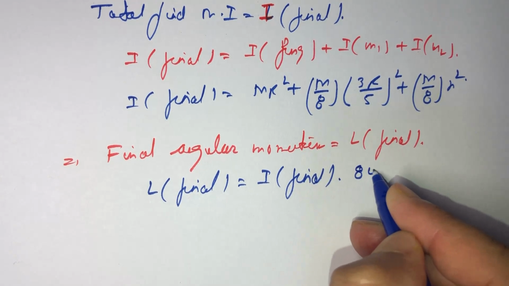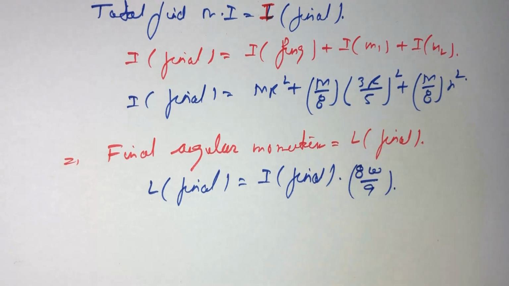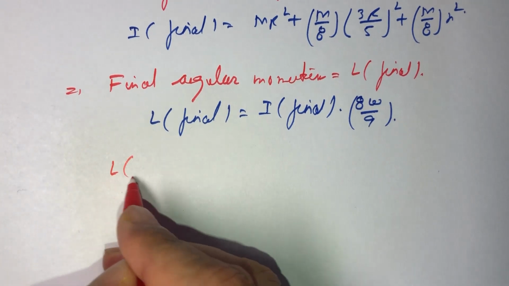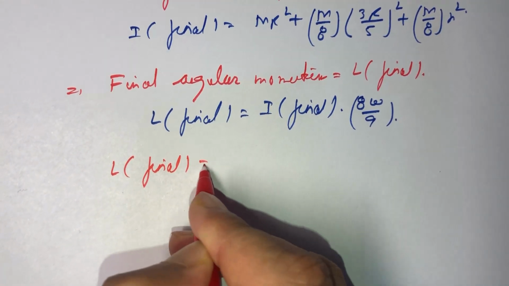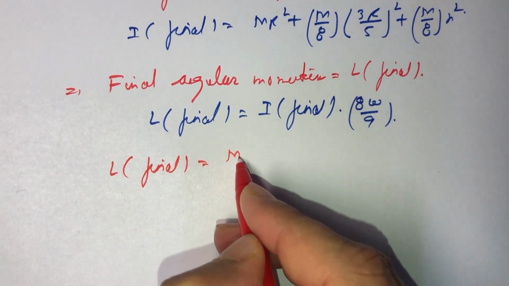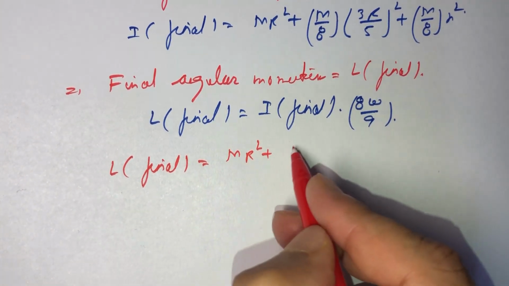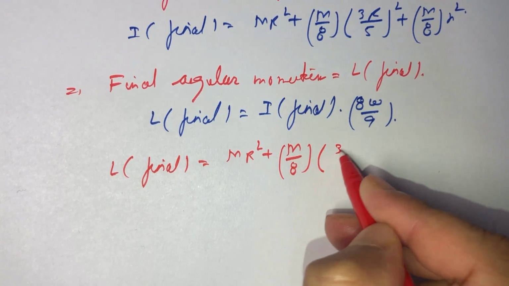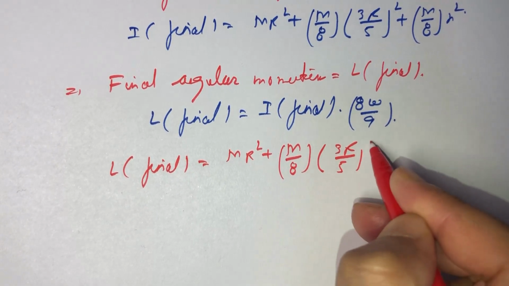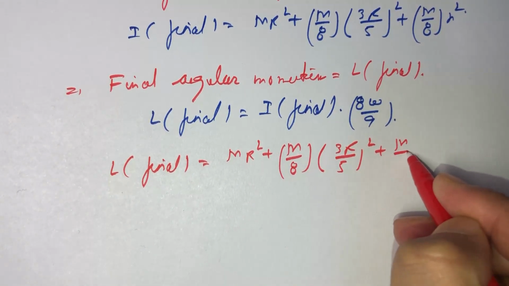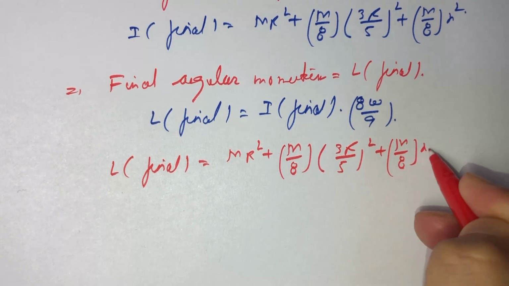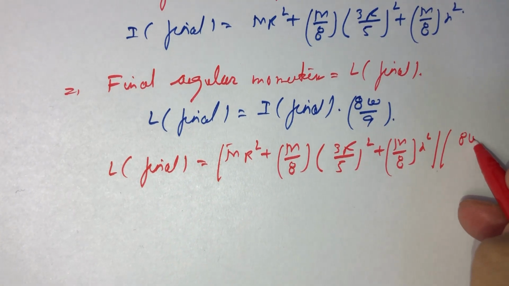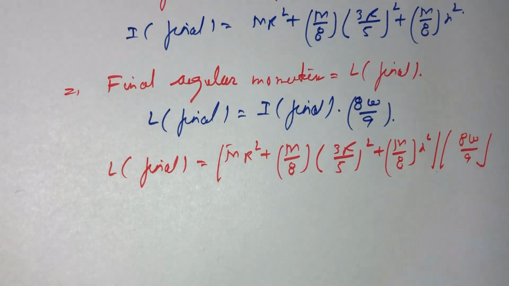So this becomes 8 omega by 9. Therefore, we can say that our L final is equal to mr square plus m by 8 times 3r by 5 whole square plus m by 8 x square, and multiply by 8 omega by 9.